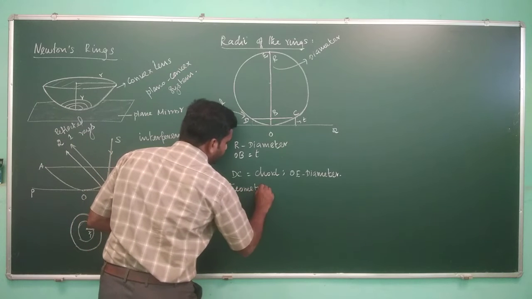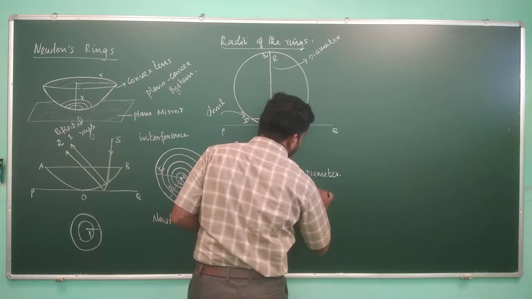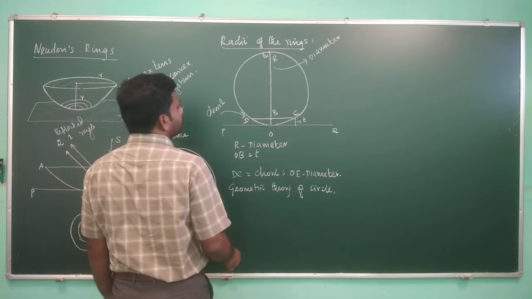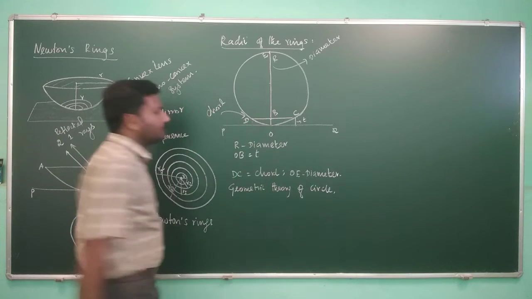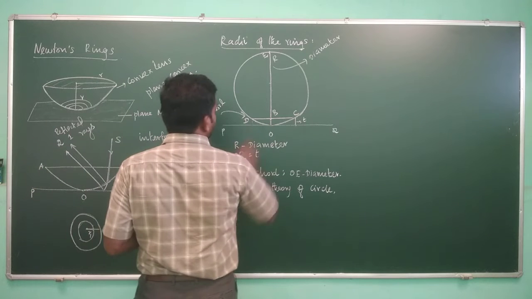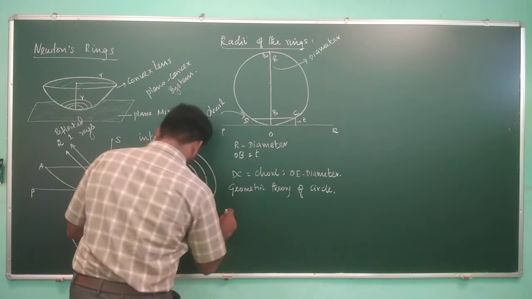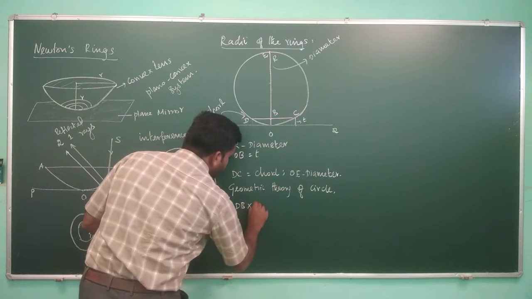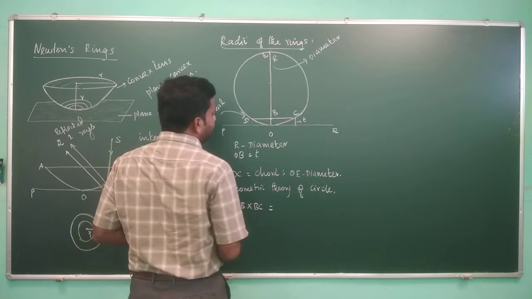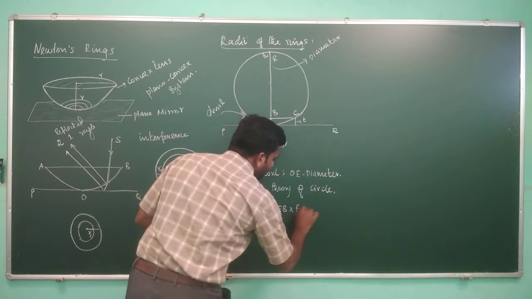From the geometric theory of the circle, we can write that the products of the intersecting portions of the chord and diameter are the same. That is, the product of the intersection segments DB and BC, DB cross BC, is equal to the product of the diameter-side segments, EB multiplied by BO.